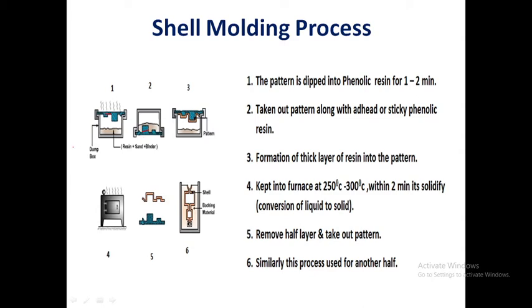In this, fine silica sand that is covered in a thin resin and liquid catalyst is dumped, blown or shot onto a hot pattern. The pattern is usually made from cast iron, and this is heated to 230 to 315 degrees Celsius.